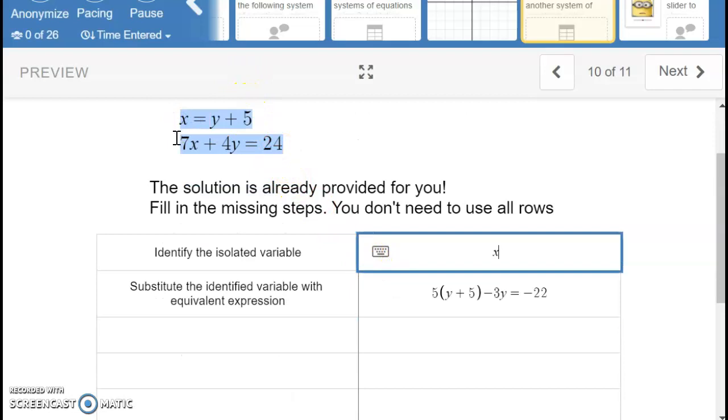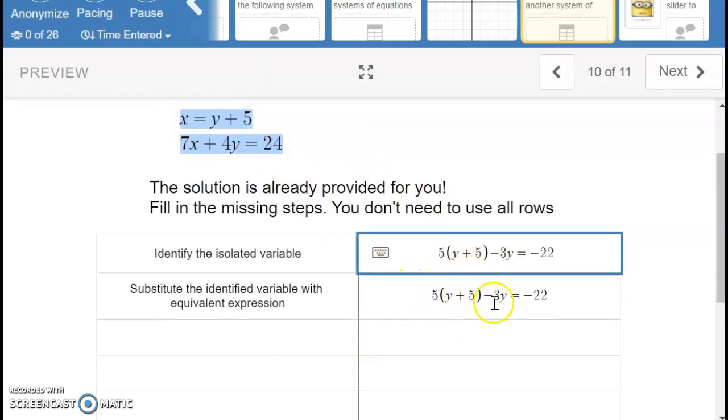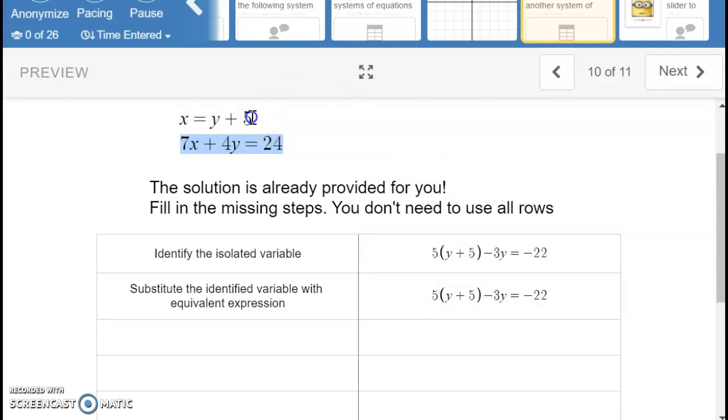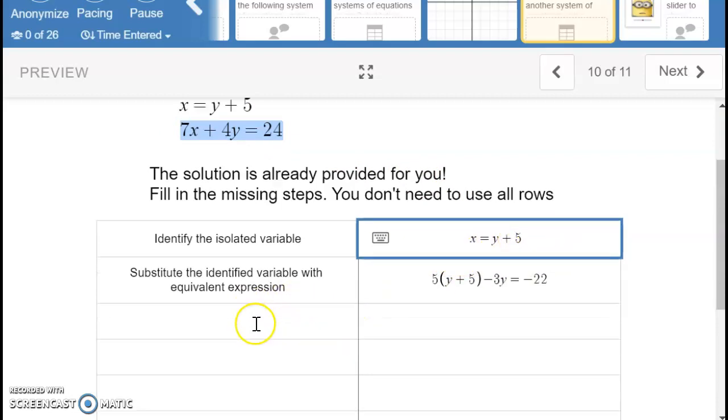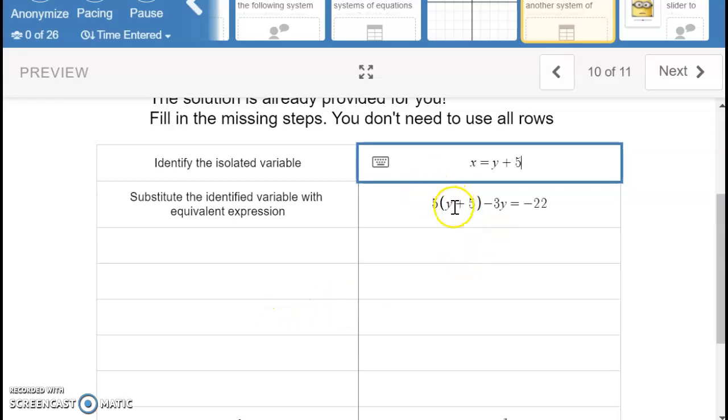So I can actually rewrite the whole equation. Oops. Okay, then what are we going to do? We are going to distribute and then we're going to algebraically solve.